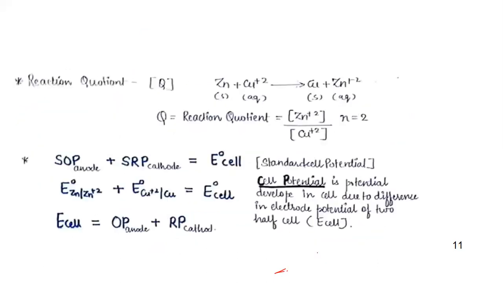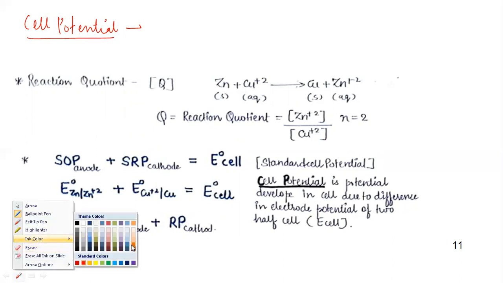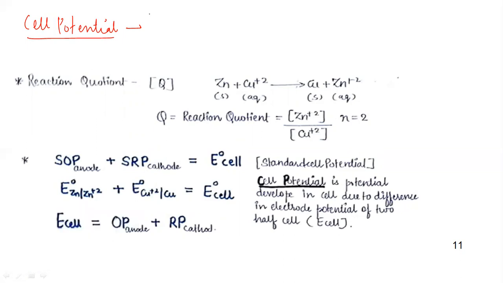Now, the main topic: what is cell potential? What is the meaning of cell potential? The difference in electrode potential of the two half cells is known as the cell potential.